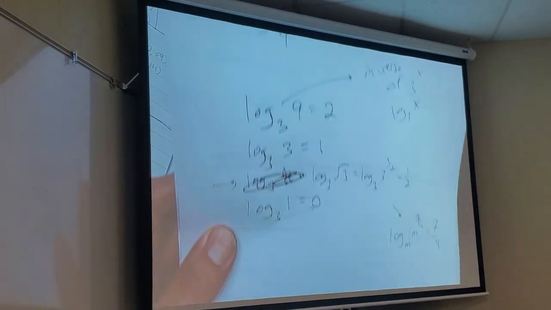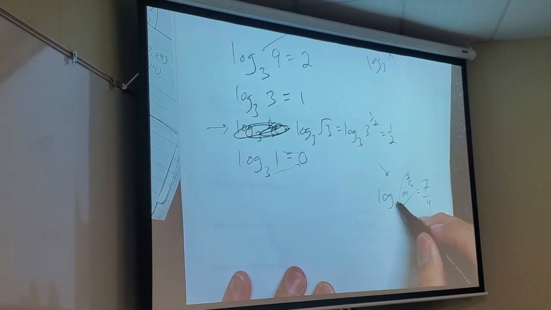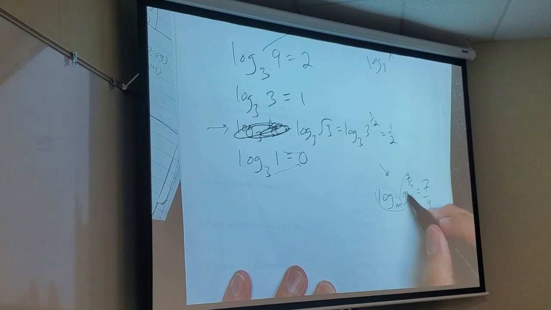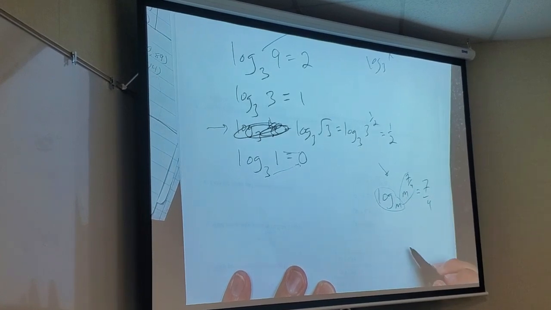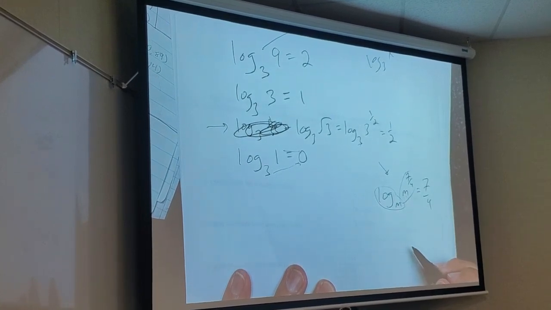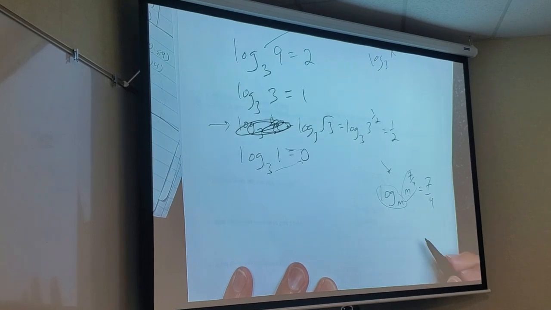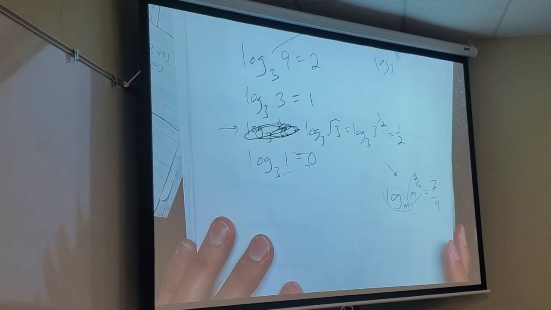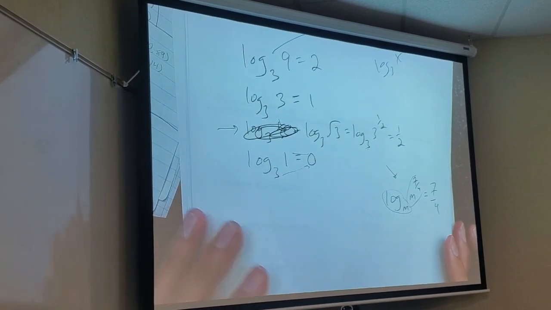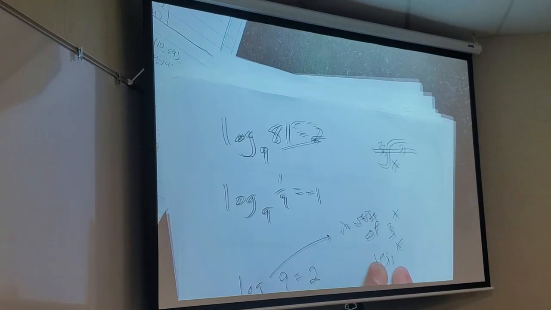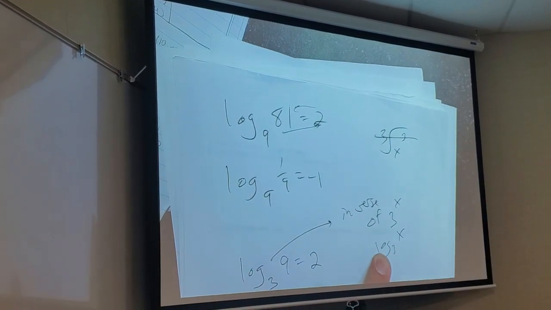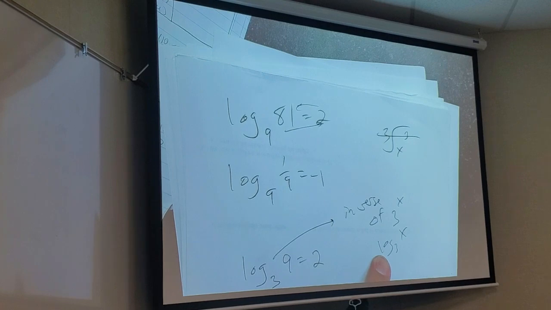They kill each other. So aren't log base m and m to a power inverses? Log base m and m to a power are by definition inverses. Log base 3 and 3 to a power are inverses.